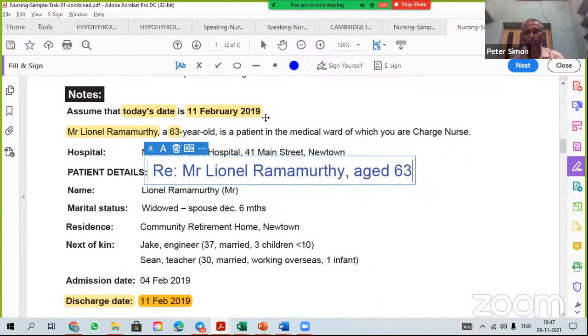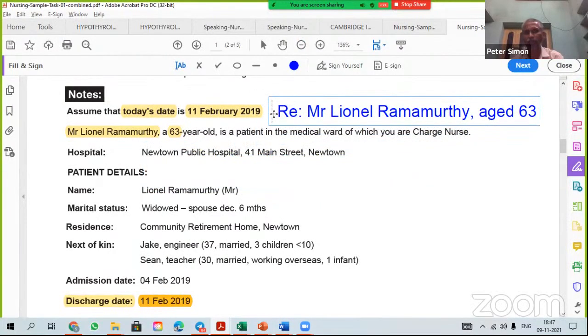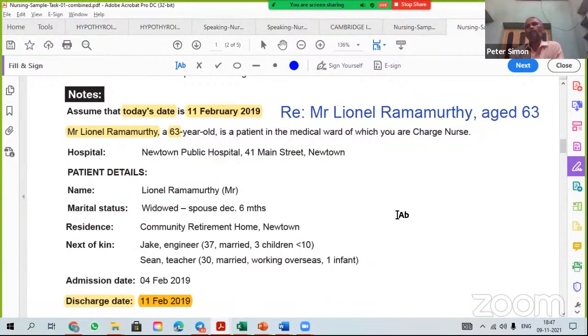You have to write like this: Regarding: Mr. Lionel Ramamurthy, aged 63. That is it. This is the regarding line.